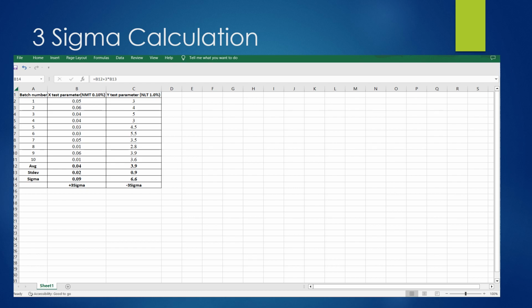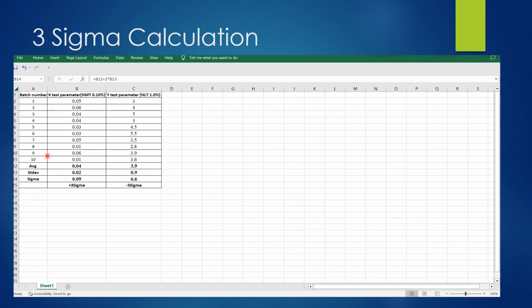So let us see how we can calculate the 3 sigma calculation. Here is the batch number. This is the X test parameter and this is the Y test parameter.